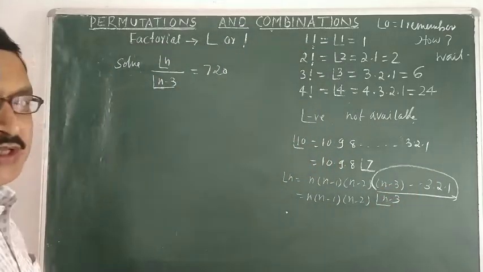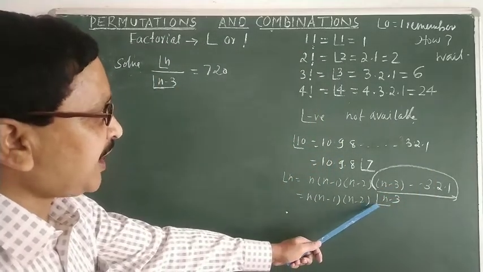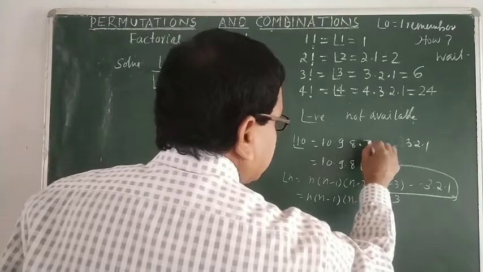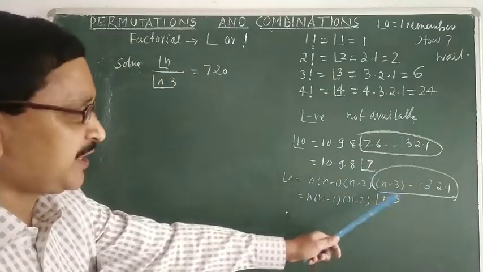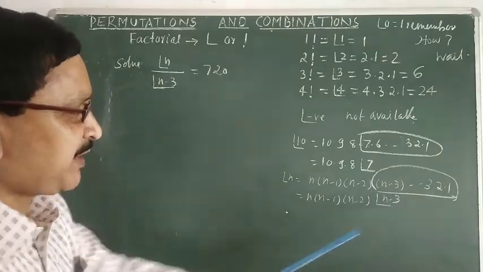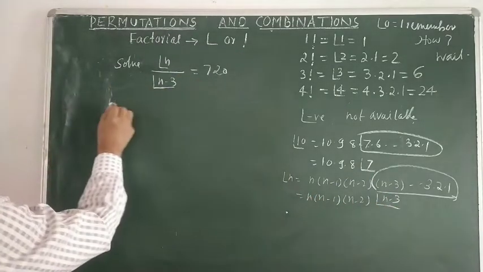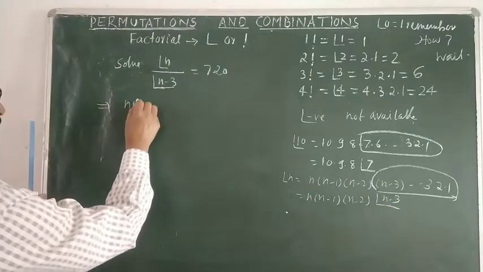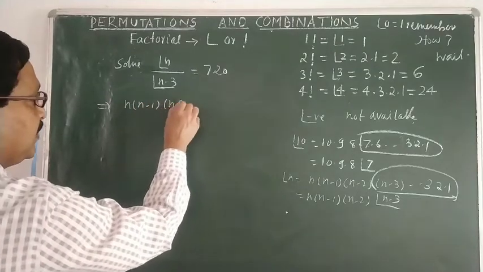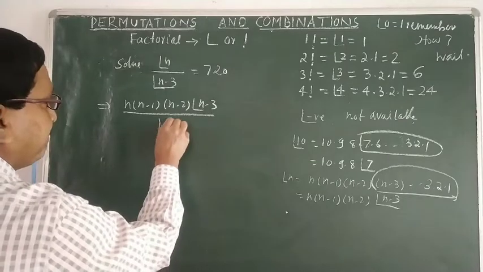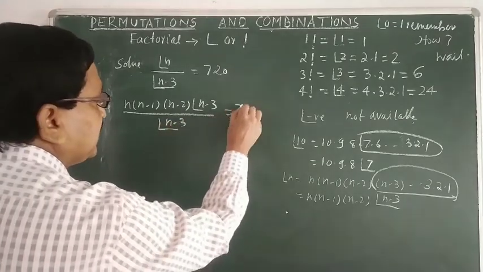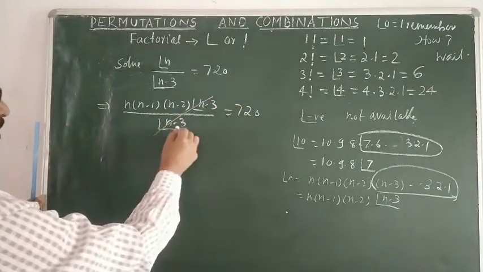This is called factorial n minus 3, just as starting from 7 we write factorial 7. Now just do this: this is 720, and this is cancelled.